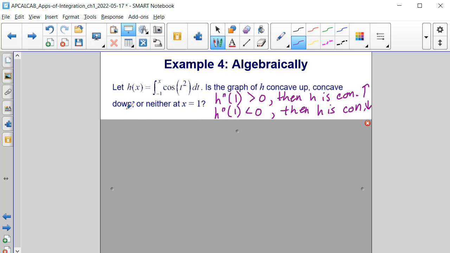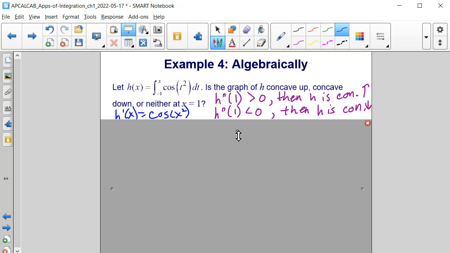So let's first get started by figuring out what h prime of x is. Well, we know that h of x is equal to this integral of cosine of t squared with respect to t. So if we were to take the derivative, we would end up with the cosine of x squared.